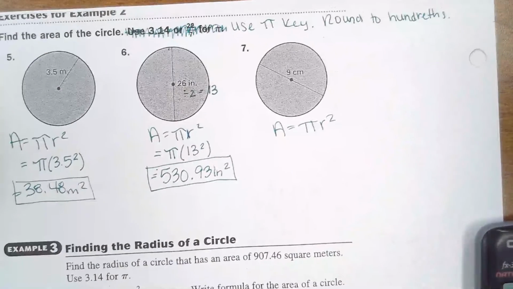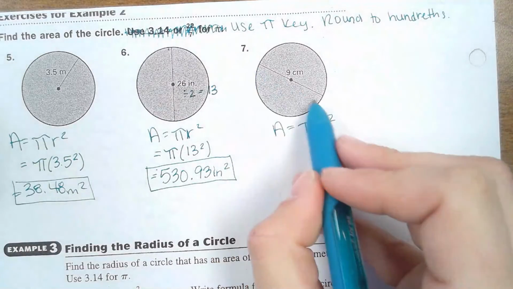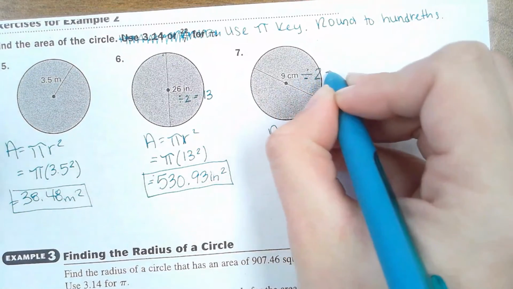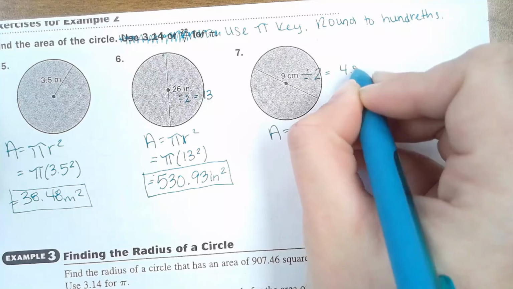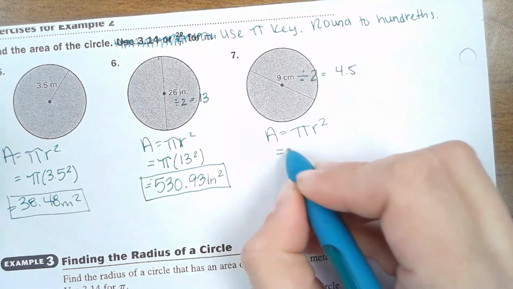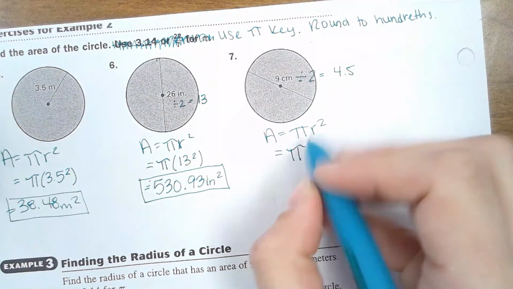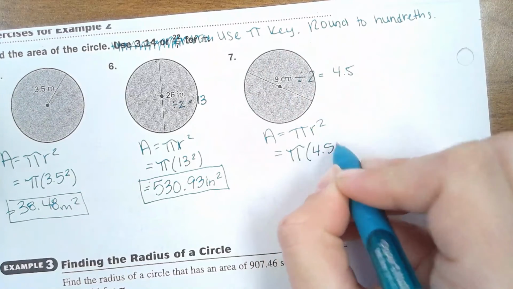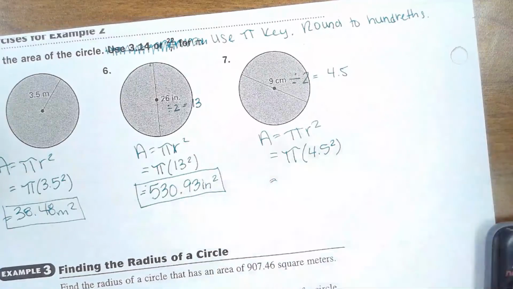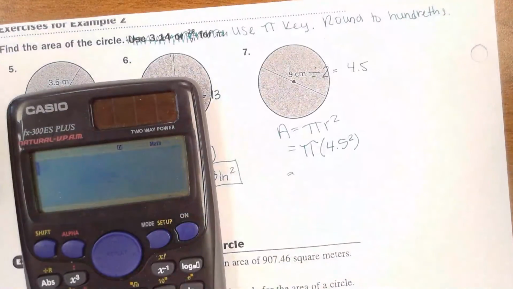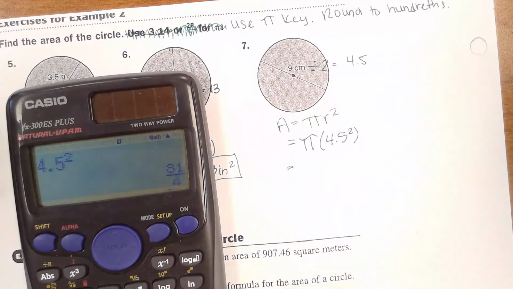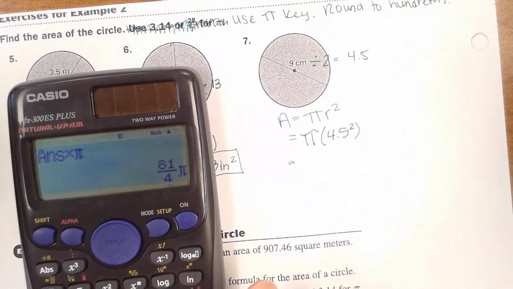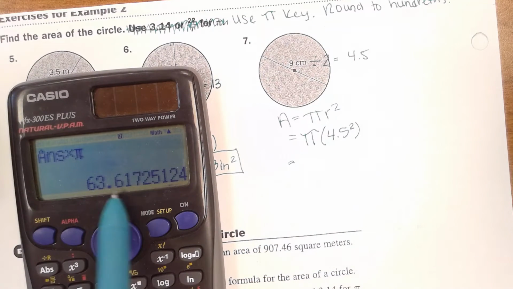Alrighty, and the last one. They gave us the diameter, so I need to cut it in half, so divide by 2. 9 divided by 2 is going to give us 4.5. Again, I'm going to leave pi since I'm using the pi key. I'm going to plug in 4.5 for my radius, and then we're just going to solve. 4.5 squared is 20.25, times my pi key in my calculator, and we get 63.617.